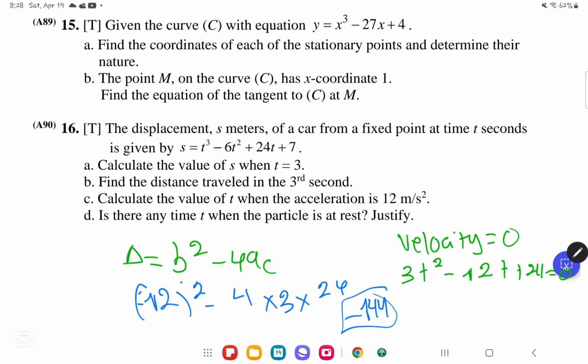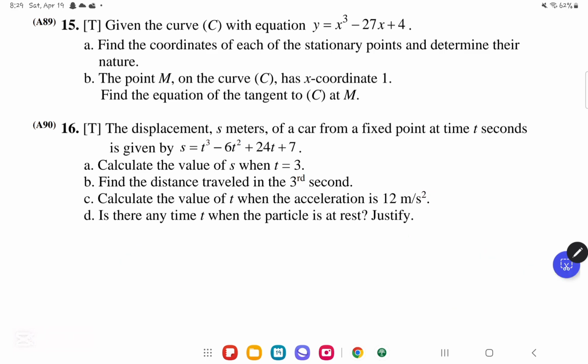We cannot have a discriminant that is negative, because you have to put it in the radical, and the radical cannot contain a negative number. If it is a negative number, then you know directly that there is no real time, okay?